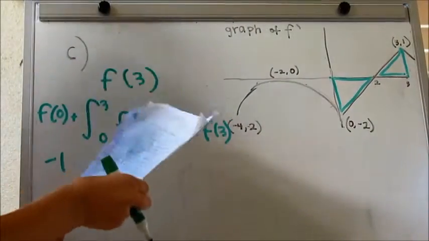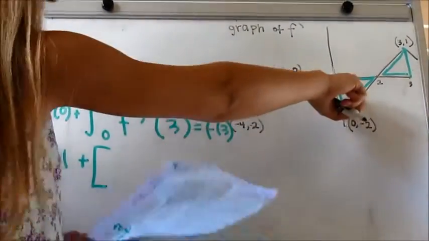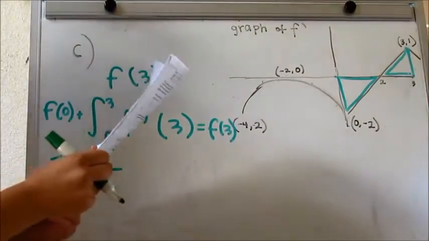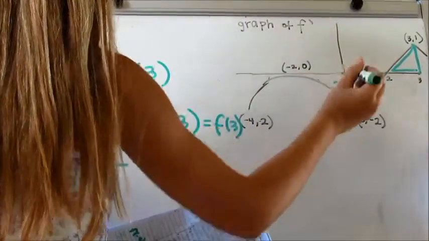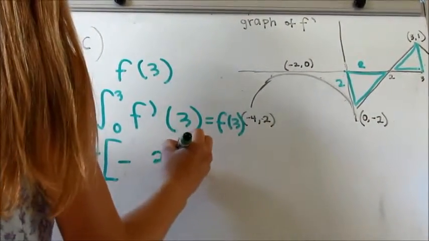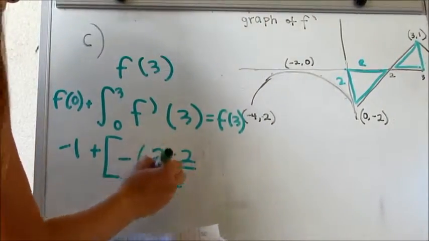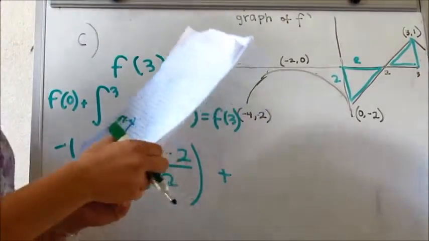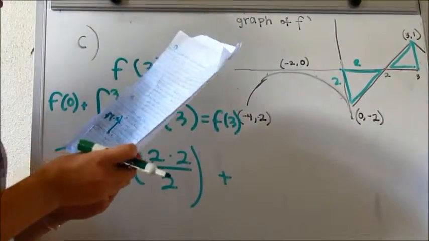So the area of this triangle is negative because it's underneath the x-axis, and the bases are 2, 2, and so 2 times 2, base times height, divided by 2 is the area of the triangle. And then you add the area of this half triangle, which is also a triangle.